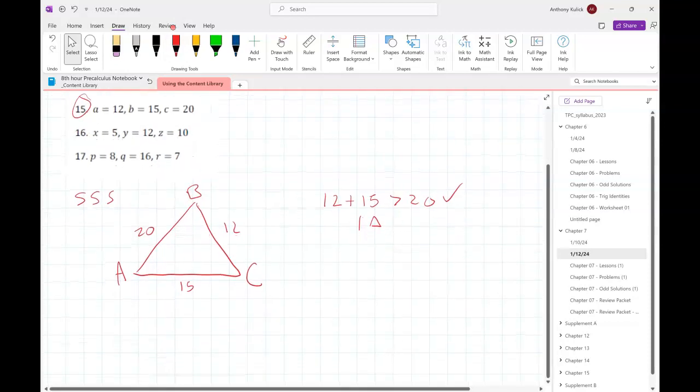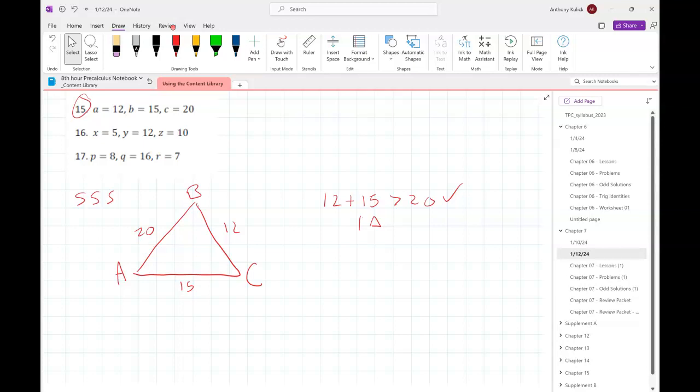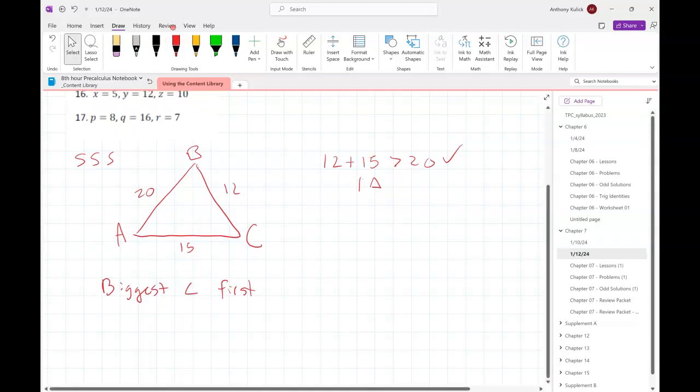Now the important question is, which angle do I have to solve for first? Biggest. When there's 3 angles, we have to find the biggest one first, so we're going to be solving for angle C. So when there's 3 angles to solve for, we find the biggest one first.